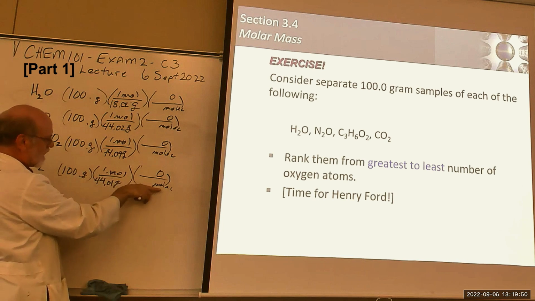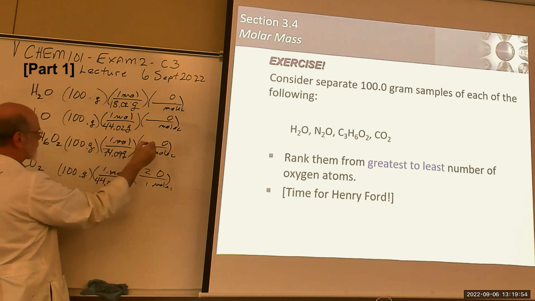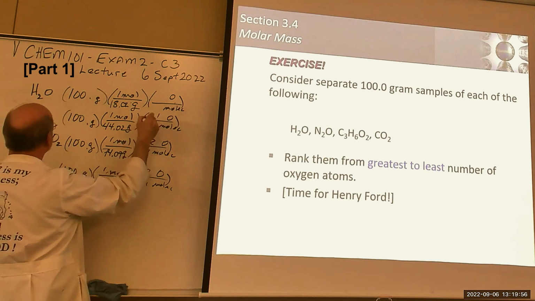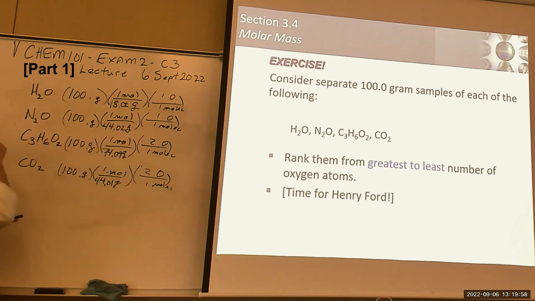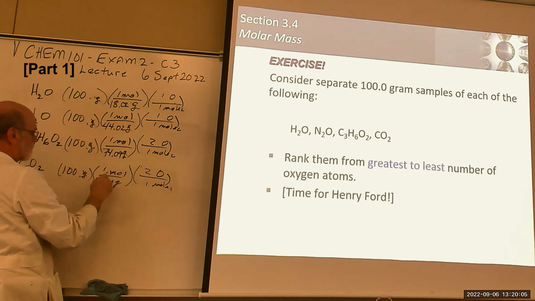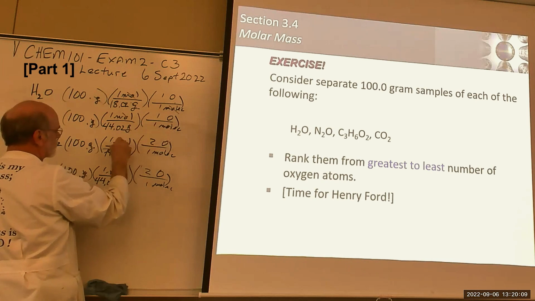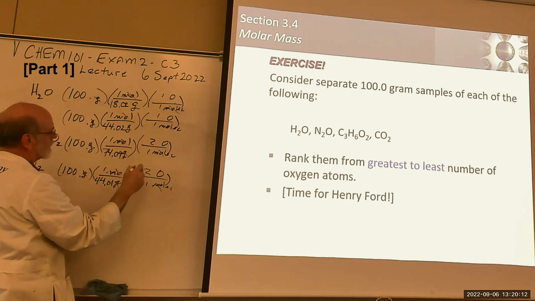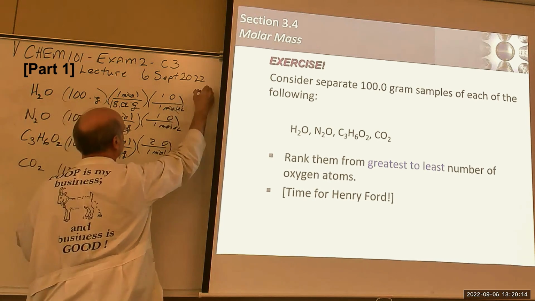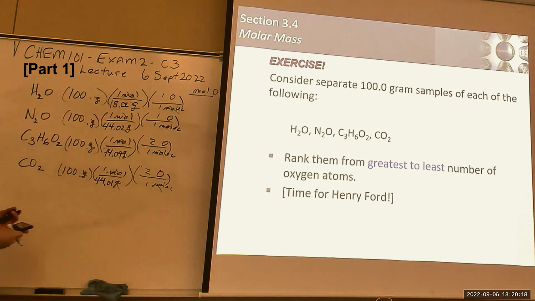This changes the number of molecules to the number of oxygens. This one has 2. This one has 2. That one has 1. That one has 1. Okay. So grams cancel. Moles of molecules cancel. And this leaves us with the number of moles of oxygen.